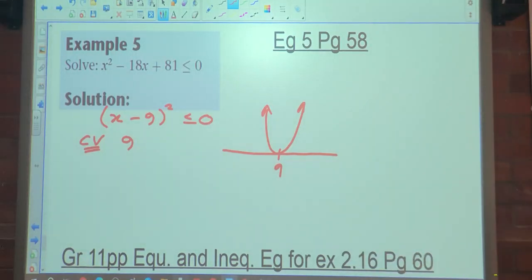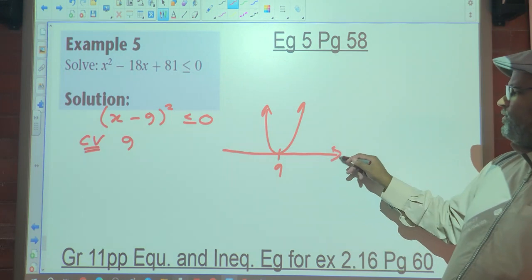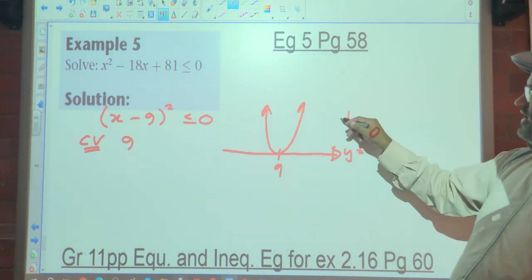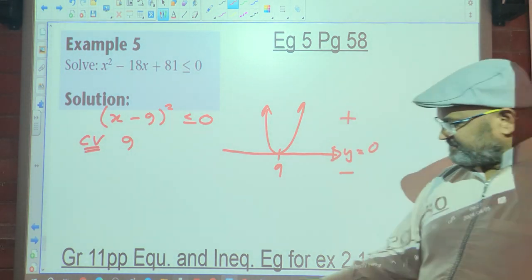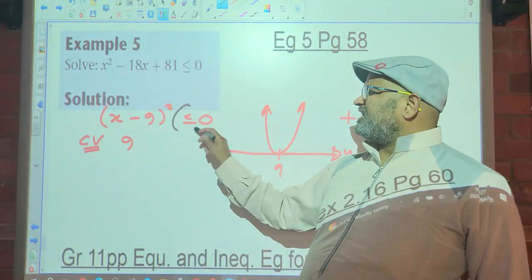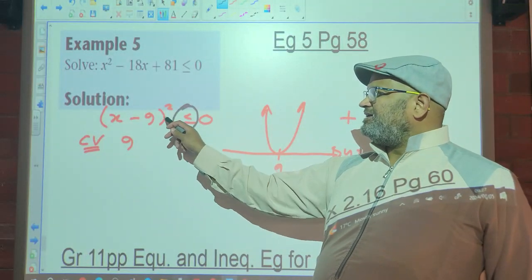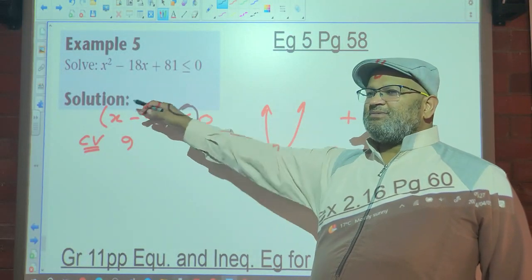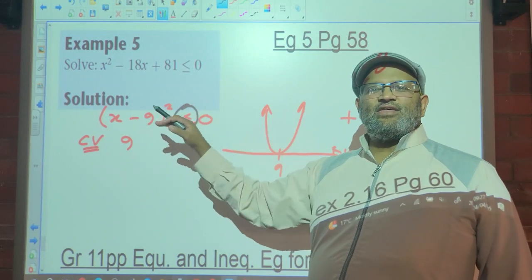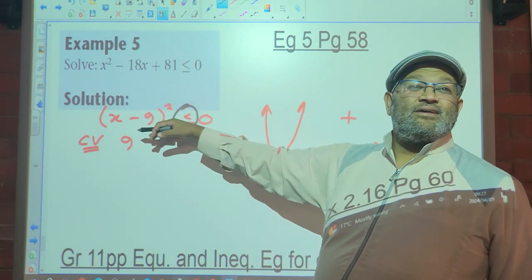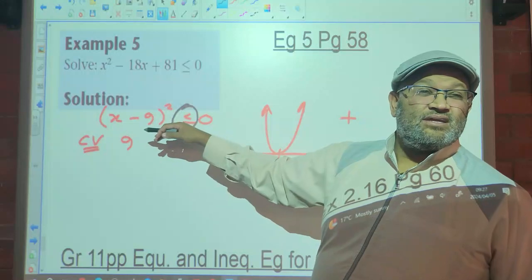So the bounce of the graph. But we'll do more of this in graphs. This is the y is equal to 0 line. This is more than and less than. Right. So what does this say? The function must be less than or equal to 0. So in other words, where the function is less than 0, which is negative.